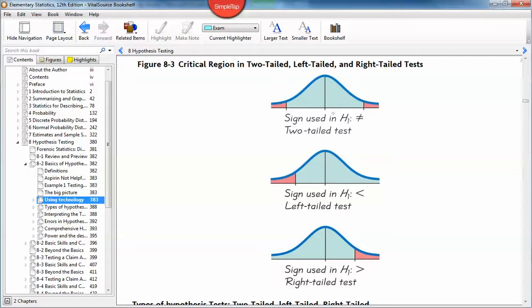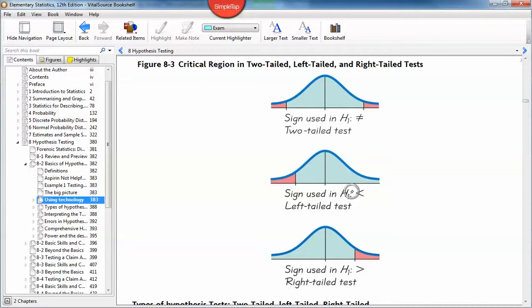If your H sub 1, which is your alternate hypothesis, has not equal to, then it is a two-tailed test. This is definitely something that's worth writing down. That means that the critical regions are split on the right and the left side.